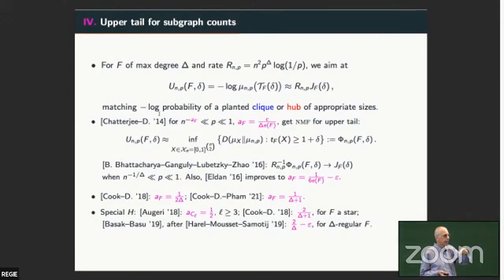You can write it as a matrix multiplication and take the trace. Now, the Erdos-Renyi random graphs correspond to matrices with IID entries. We know a lot about the spectrum of matrices with IID entries, and Augeri was able to take advantage of it and get the optimal number. In the paper with Nick Cook, we got another very good result for the case of a star, one vertex connected to a few others.